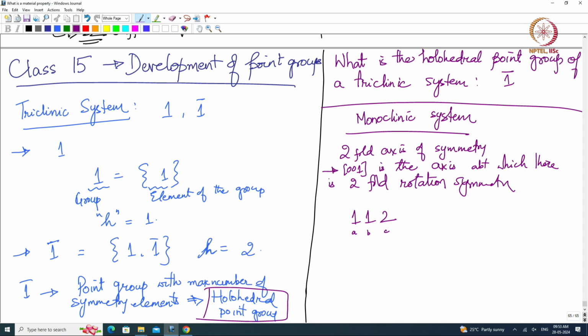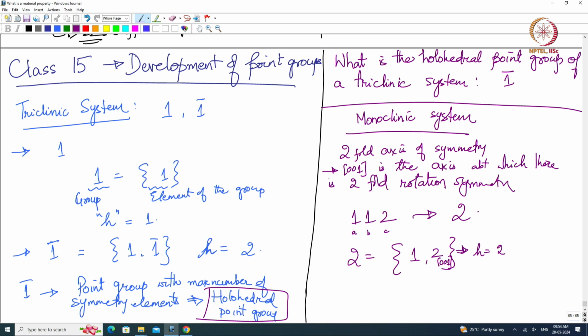So, instead of writing 1 1 2, I am just going to represent it as point group 2, right. The elements in 2 are identity, and a twofold axis of rotation about 0 0 1. So, I have a one-fold axis of rotation and a twofold axis of rotation about 0 0 1, right. So, these are h equal to 2.